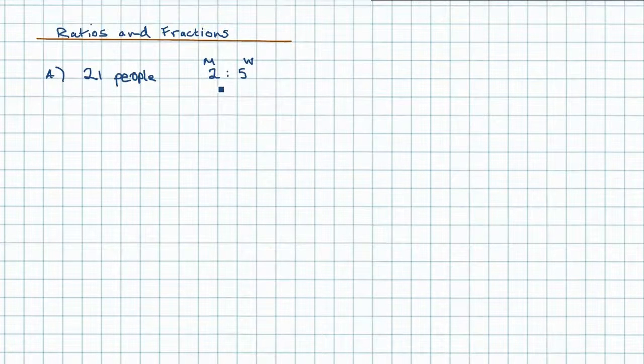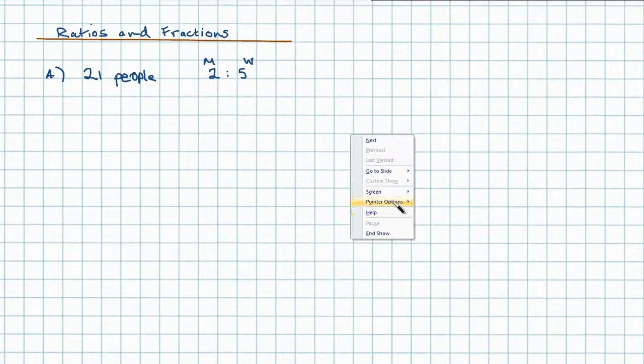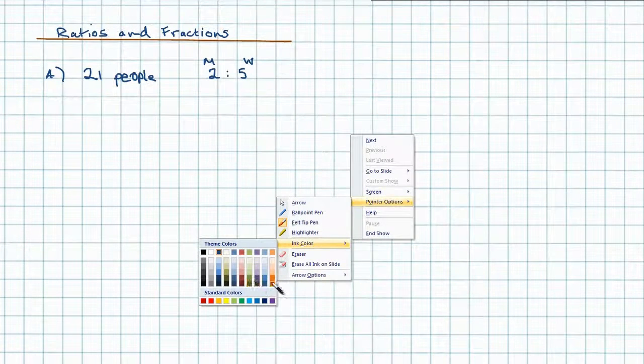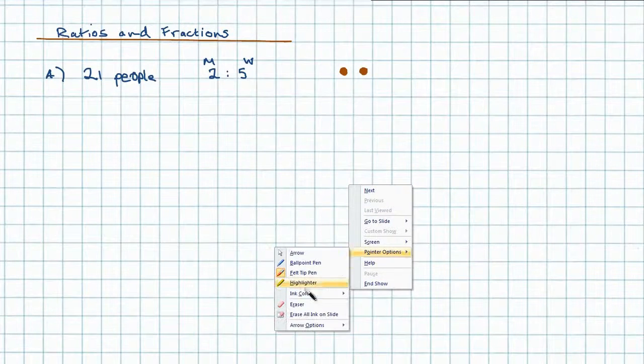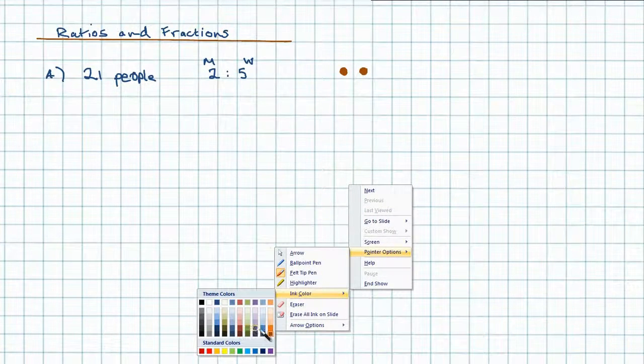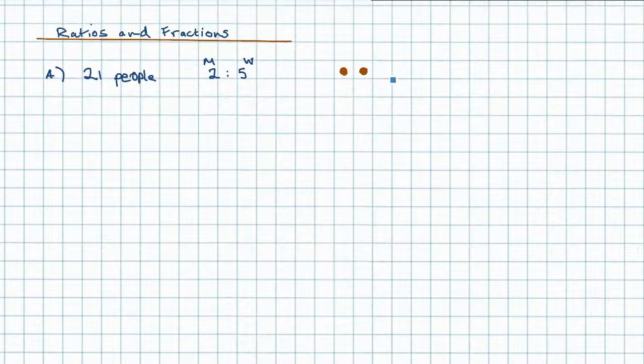Well, to solve a problem like that, let's start by first thinking about if there were 7 people in the room. Now, if there were 7 people in the room, I think we would know that 2 of them would be men, and 5 of them would be women.